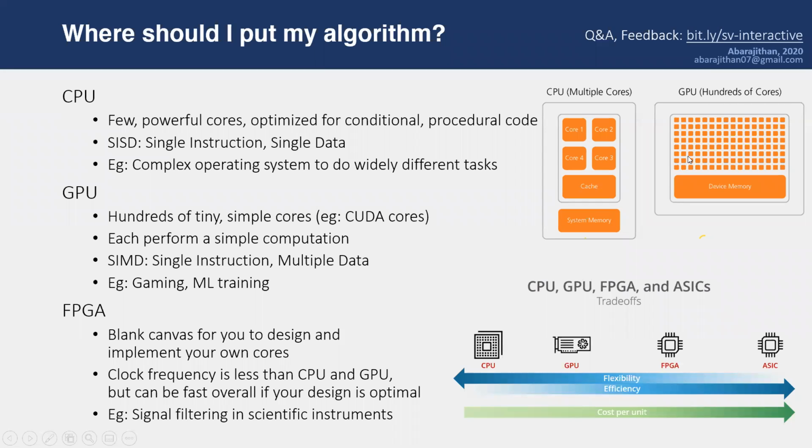The idea of a GPU is there are hundreds, if not thousands, of small tiny cores, for example CUDA cores, and each of them performs a simple computation. They are not as complex as a CPU core. They can't do many things, only a few things, and everything is very simple.